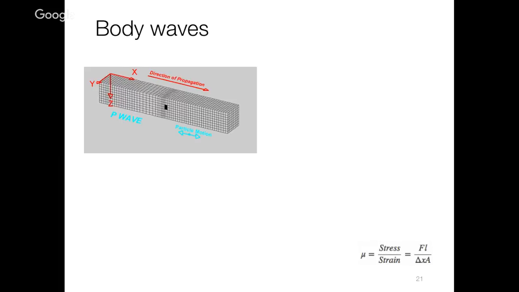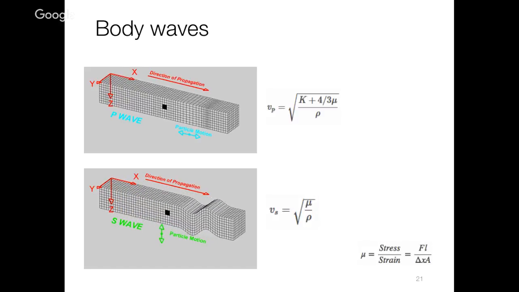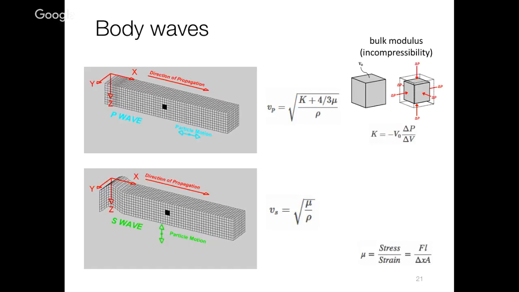Effectively, Earth rocks act like little elastic springs in a way. That's why they're called elastic moduli. So this is a P wave that's coming through. Then you can have a shear wave, so it's operating in a different direction. The wave motion is in one direction, particles in a different one. And what we're really interested in is the velocities of these waves. This P wave velocity depends upon the bulk modulus and the shear modulus.